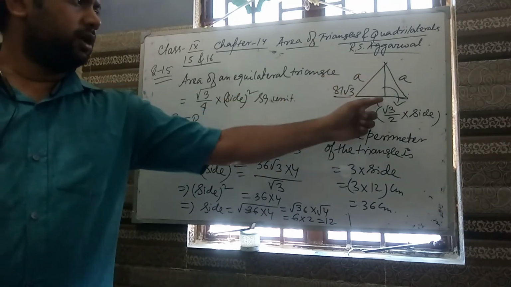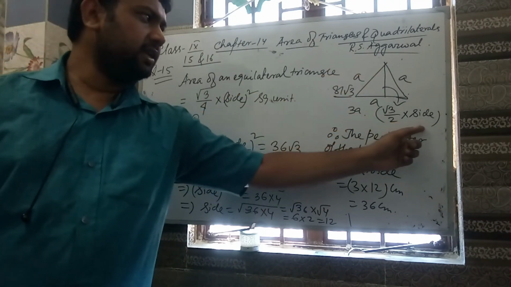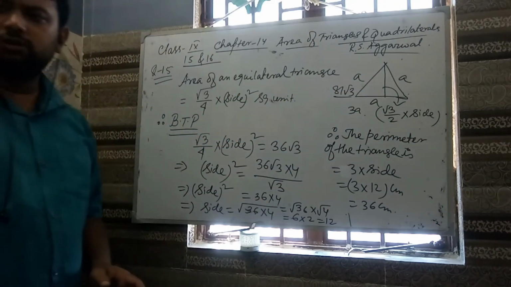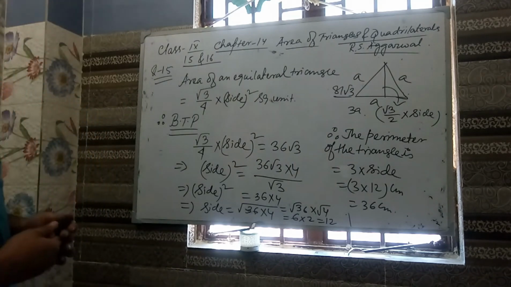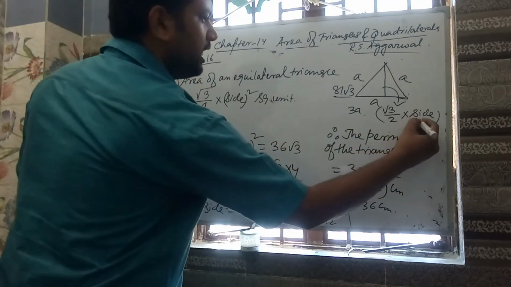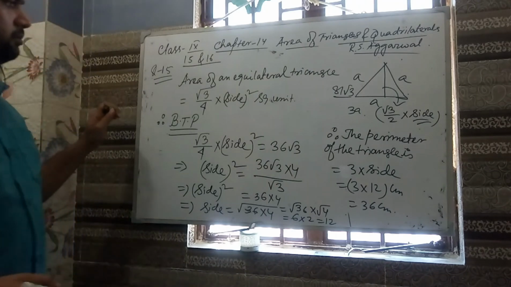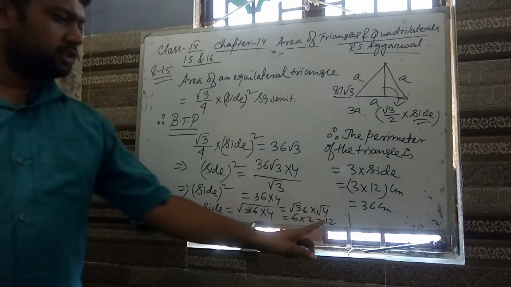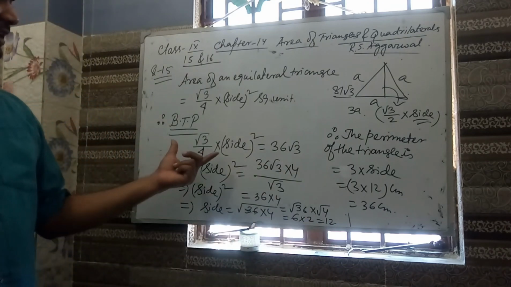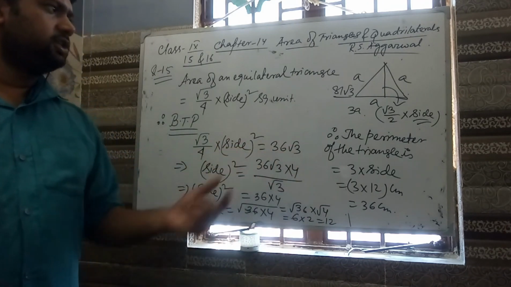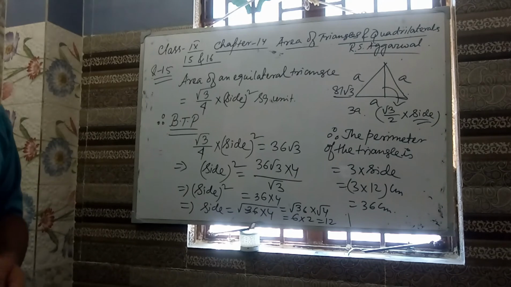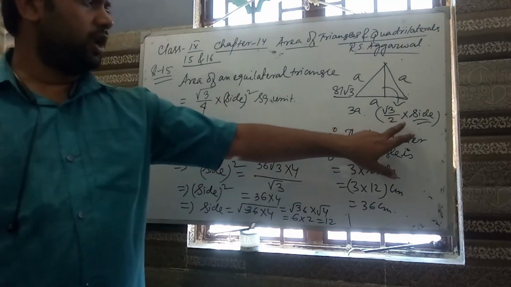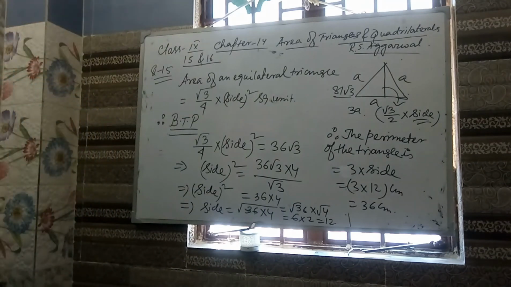The formula of height is root 3 by 2 into side. So first of all, we have to find out the side of the triangle by using this method. So you have to do up to this step by taking area as 81 root 3. Then use this formula to find out height.